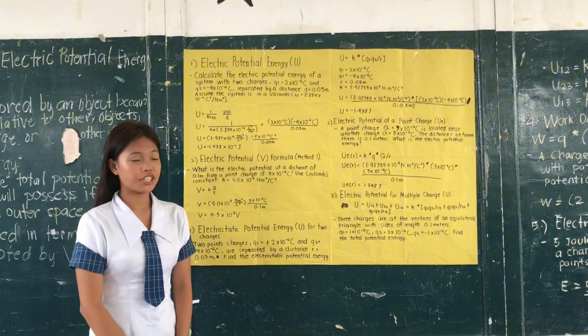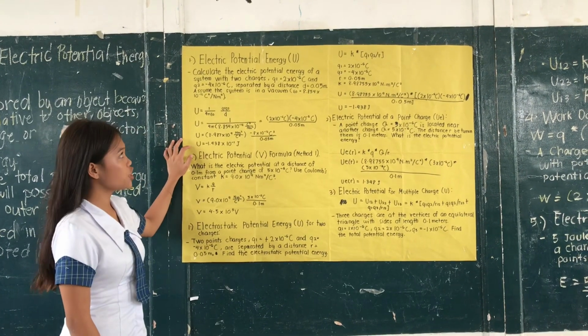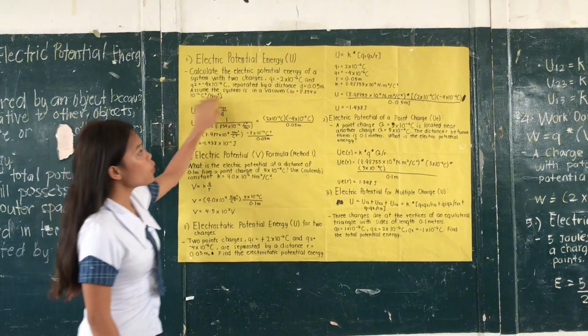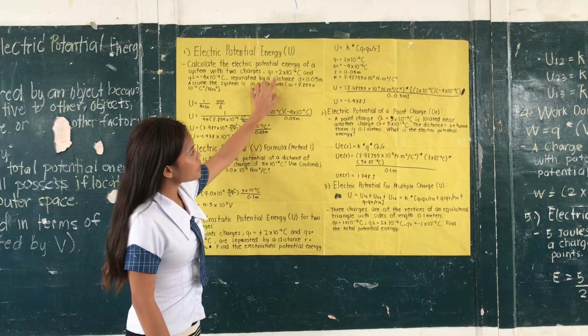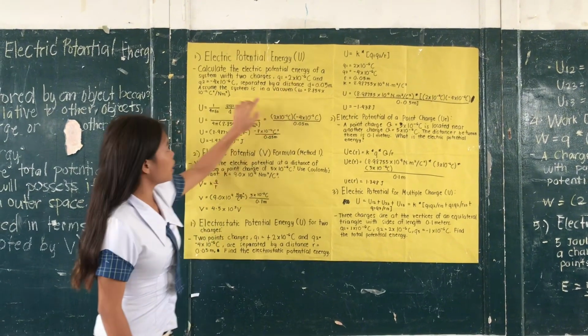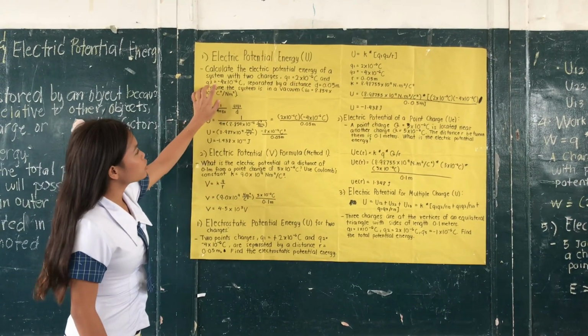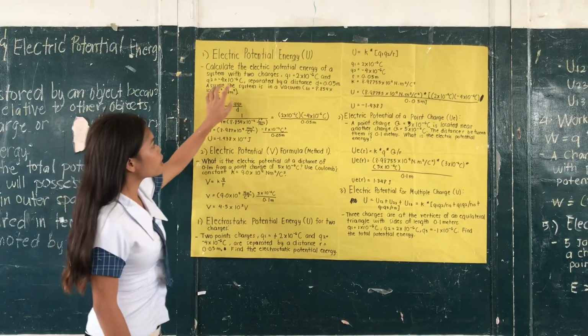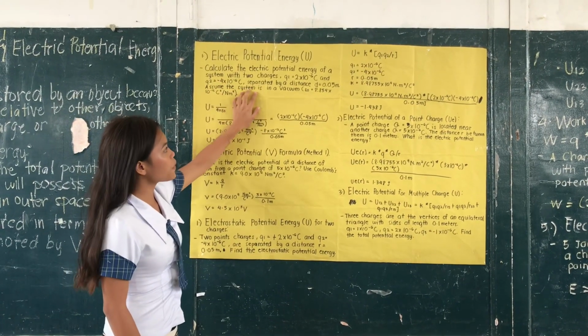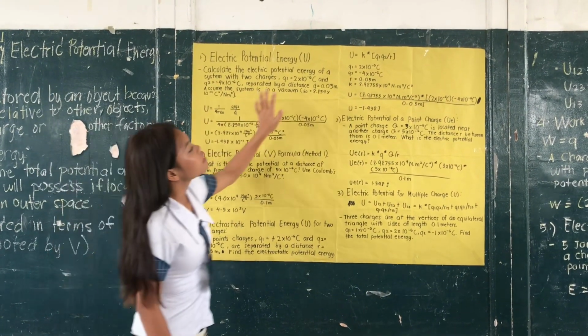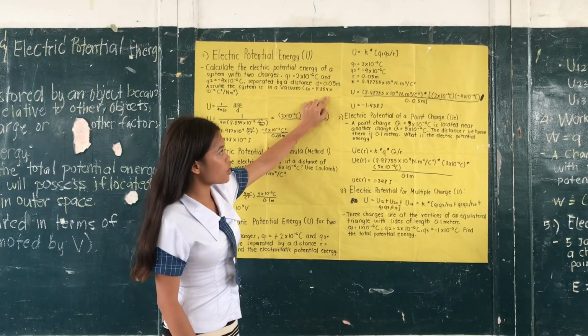Electric potential energy. Calculate the electric potential energy of a system with two charges. Q1 is equal to 2 times 10 to the power of -6 coulomb and Q2 is equal to -4 times 10 to the power of -6 coulomb, separated by a distance of 0.05 meters.